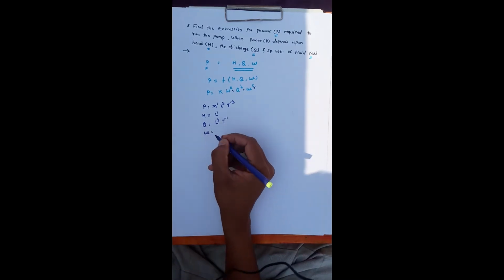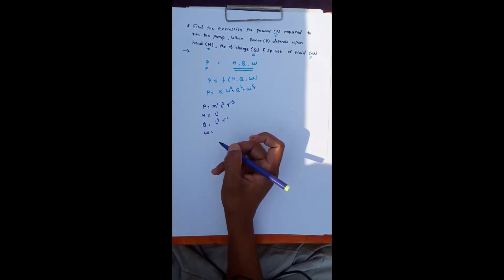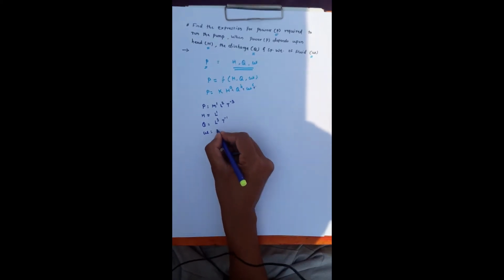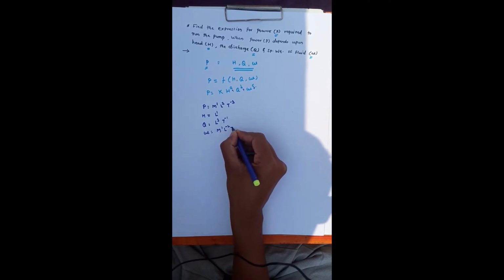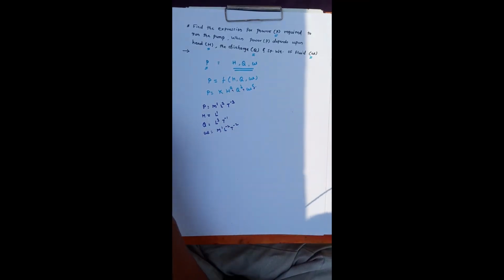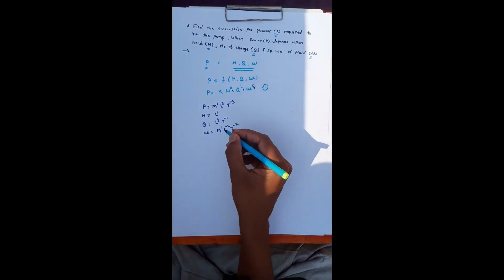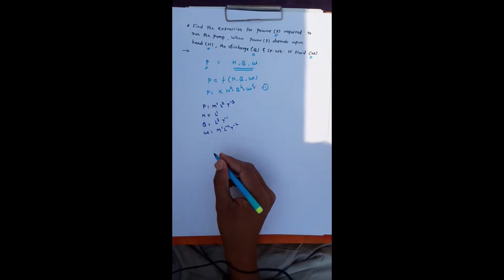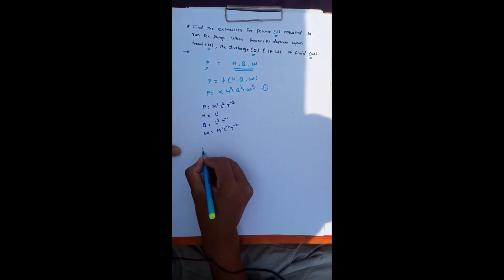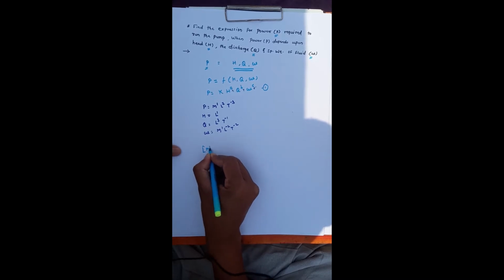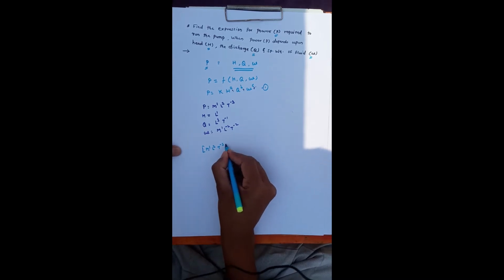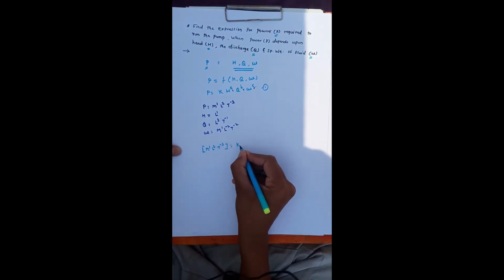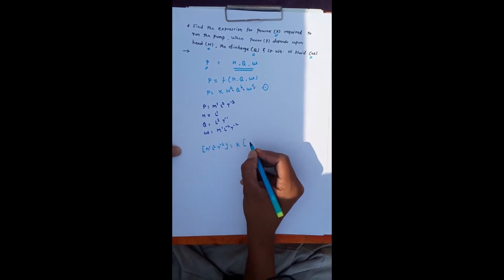Specific weight is nothing but weight per unit volume. So it has the fundamental dimensions M raised to 1, L raised to minus 2, T raised to minus 2. Now put all those fundamental dimensions in equation number 1. We get the fundamental dimension of P, that is M raised to 1, L raised to 2, T raised to minus 3, is equal to K, which is a constant term and will not have a fundamental dimension.